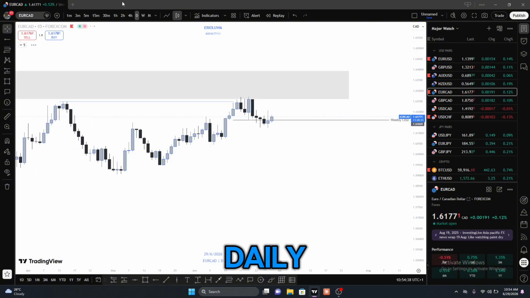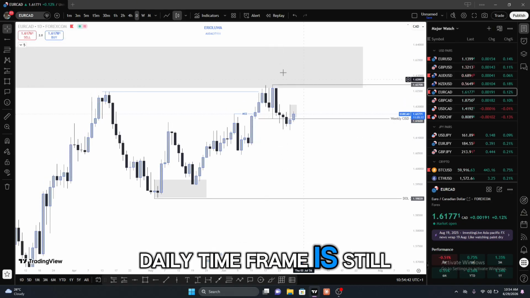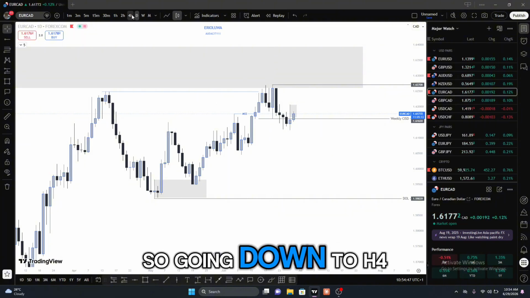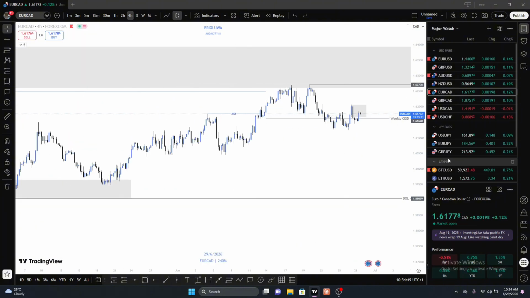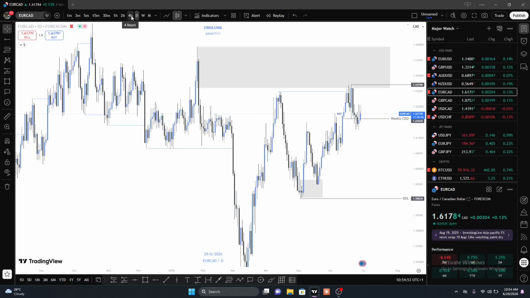So going down to the daily, what do we have on the daily time frame? Daily time frame is still basically taking note of this particular key level, right? What was our draw on liquidity on the daily?